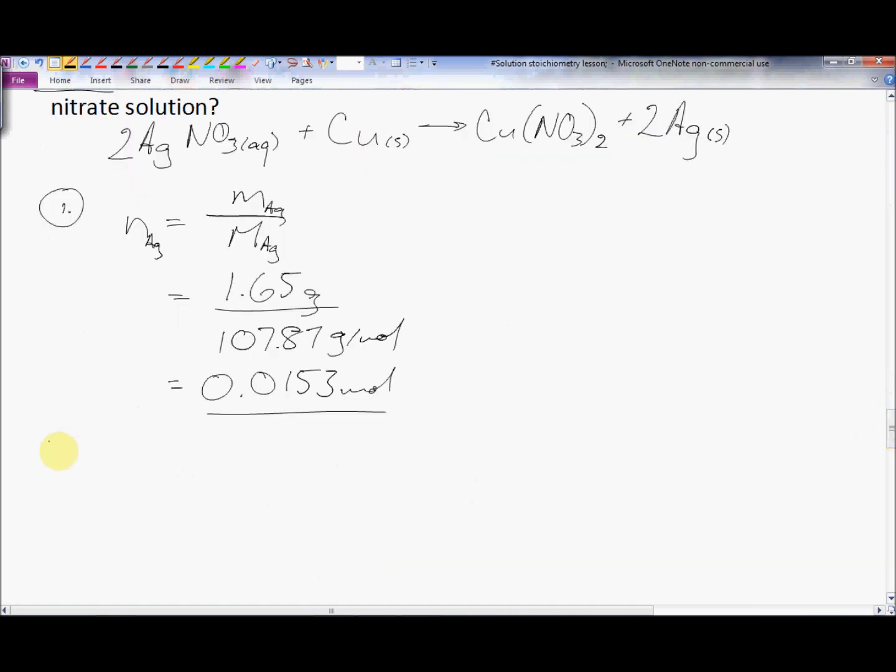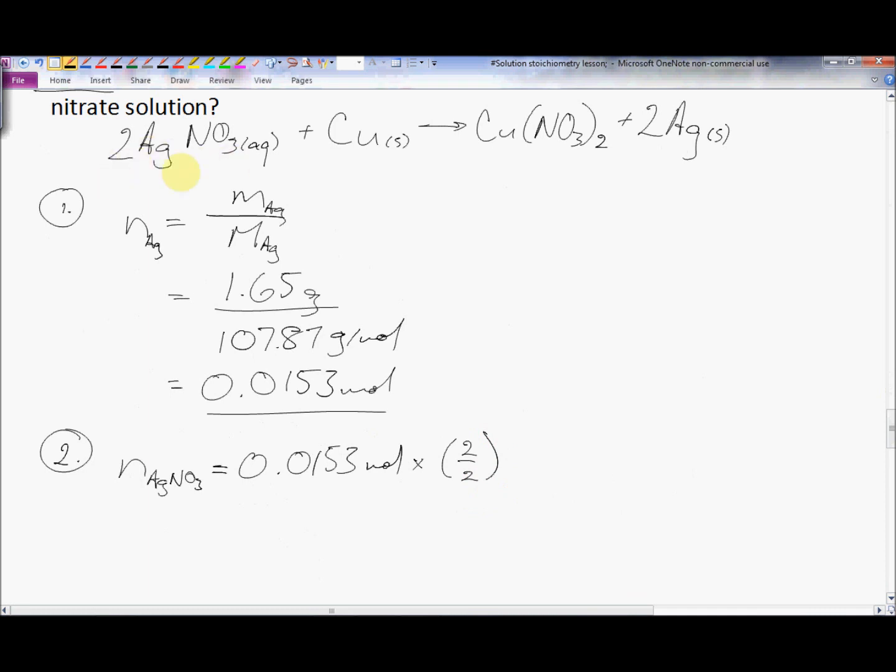Moving on to step two. This is the molar ratio step. So the number of moles of our desired material, this is going to be silver nitrate, will be our 0.0153 moles of silver times 2 over 2 is our molar ratio here.